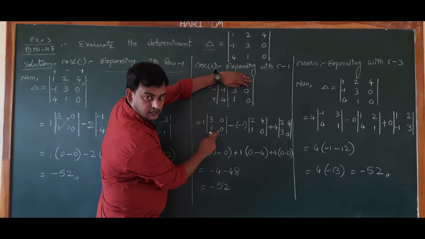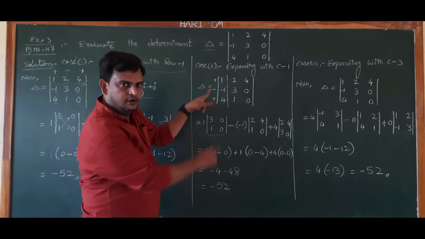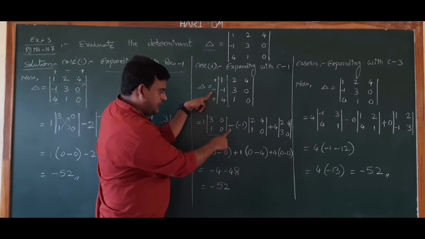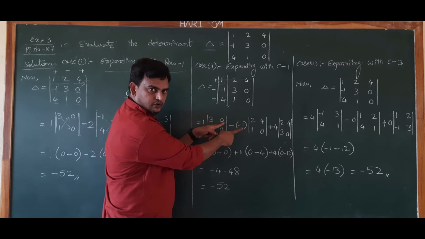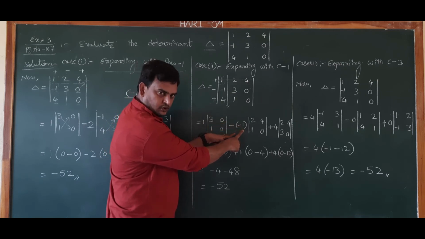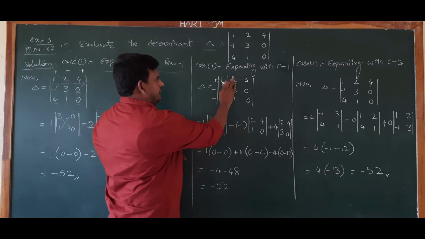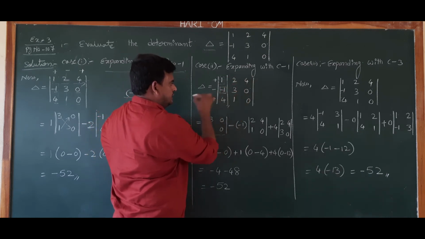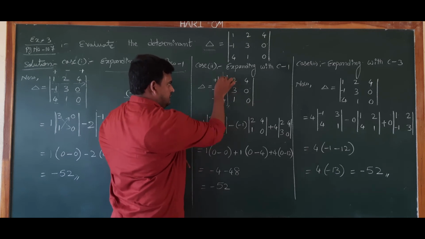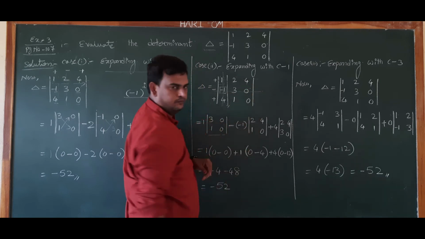3 0 1 0. Now taking the second element, minus 1. As I told you, here we have a symbol minus and the element is minus 1. So minus of minus 1 has to come. And again, when we are choosing the element minus 1, we have to eliminate the respective column and the respective row.